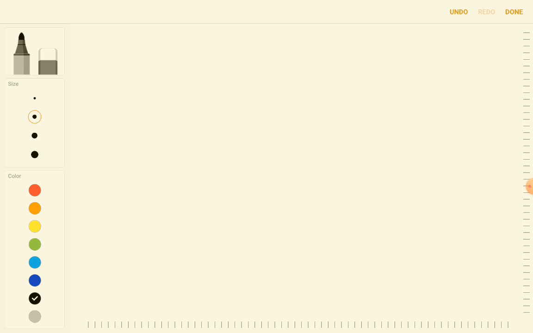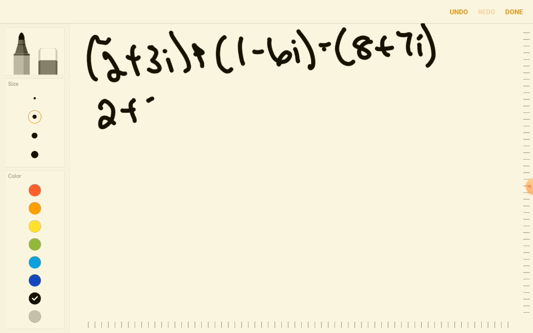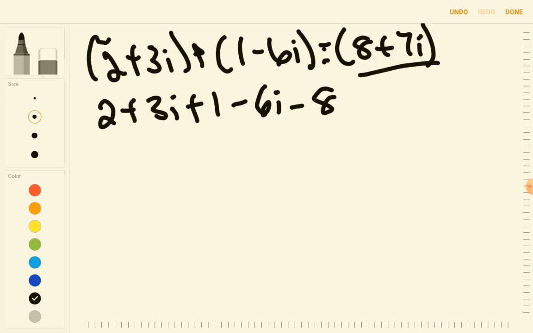For our next problem, we have 2 plus 3i plus 1 minus 6i minus 8 plus 7i. So the first thing we need to do is distribute. So we get 2 plus 3i plus 1 minus 6i, and this negative factors through the whole thing, so that would be -8 minus 7i.